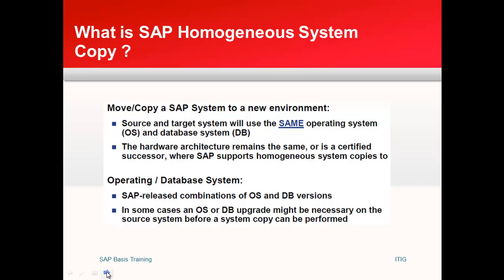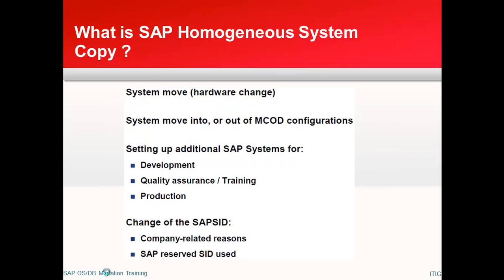So if the OS and database are not changing in the system copy, that means it is a homogeneous system copy. Let's see the drivers for why we have to perform a homogeneous system copy. Either we are changing the hardware, in which case we need to perform this activity.